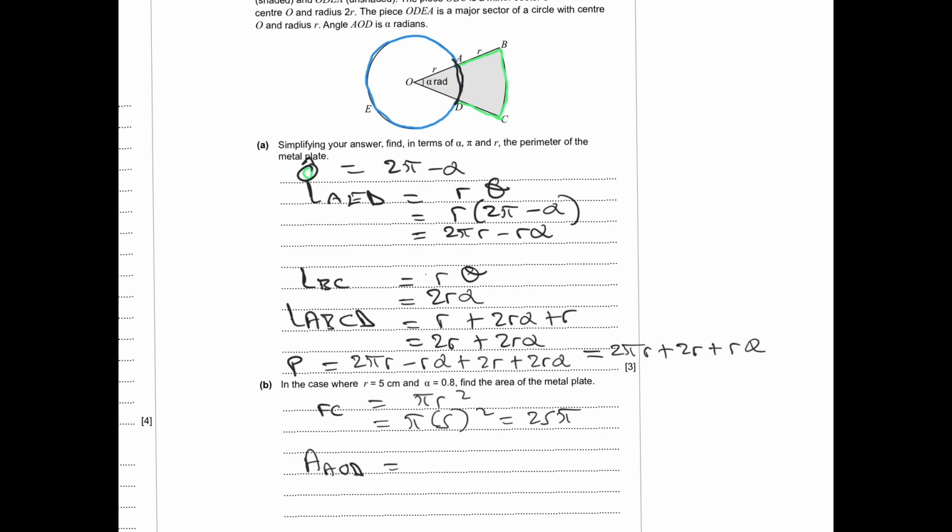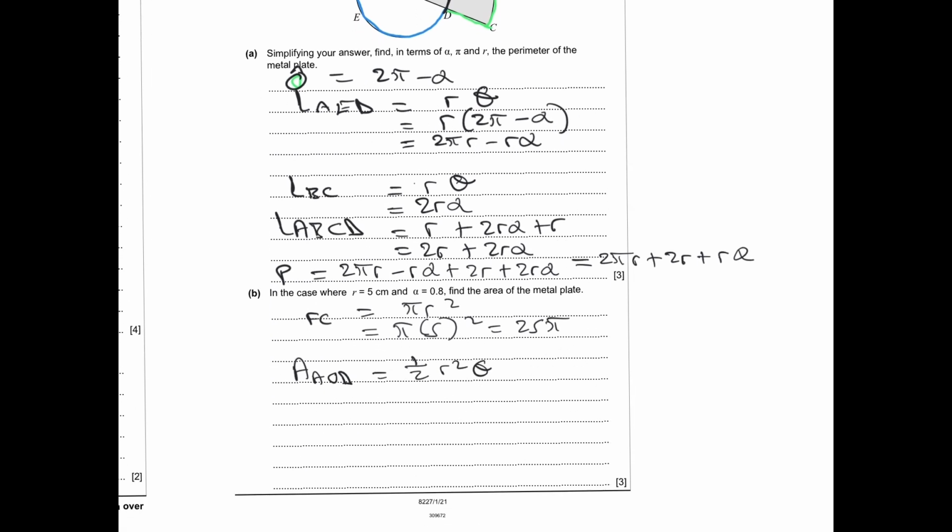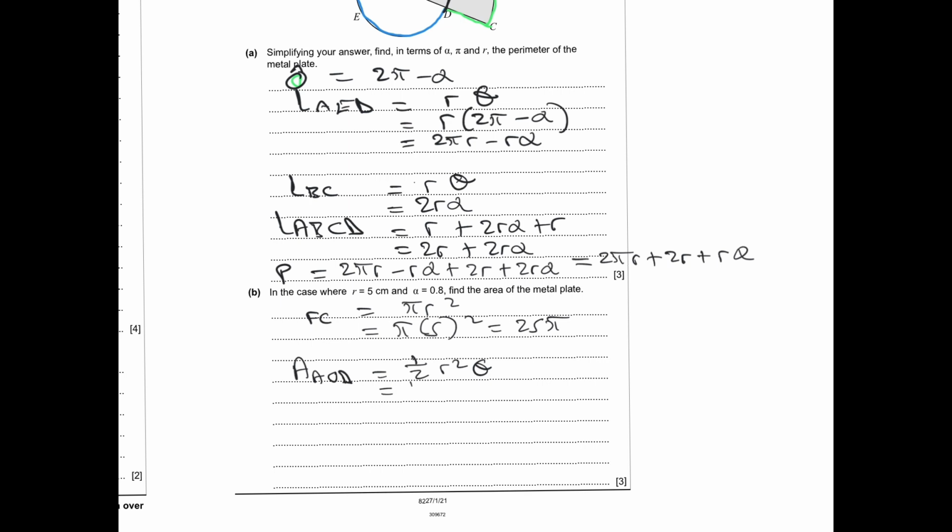It's always important here to understand the whole picture, but that whole picture you divide into small pieces. So we want the area of this one here. The formula is half r squared theta, which in this case we have half, our radius is 5, squared, and then our theta is 0.8.